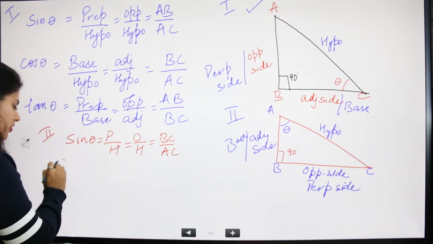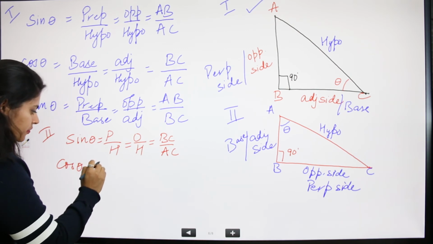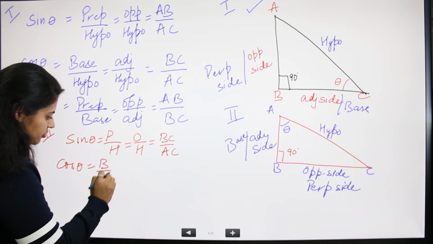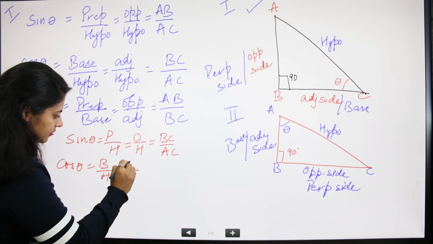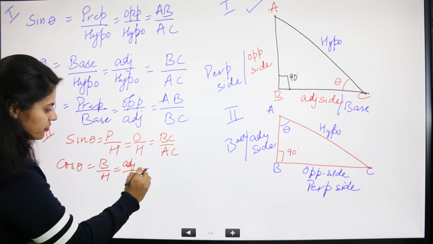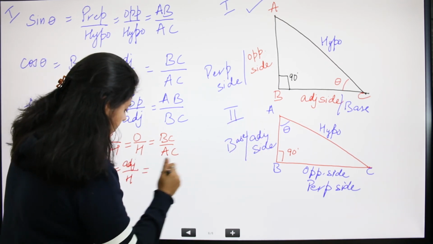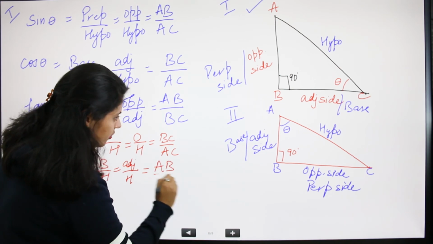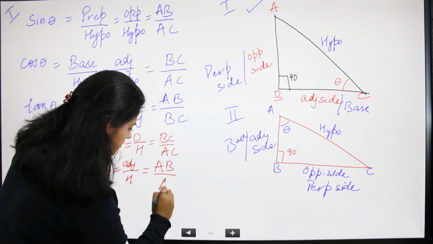Okay. So now cos theta will be equal to base over hypotenuse or adjacent over hypotenuse. Adjacent side is AB and hypotenuse is AC.